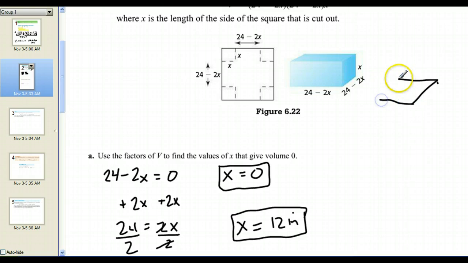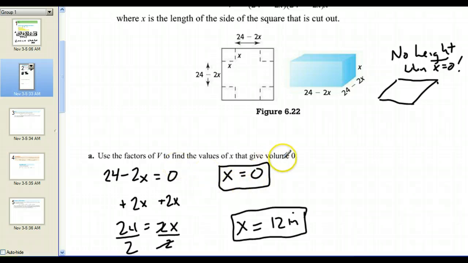And what can I do? I can't fold up anything. I didn't cut off any pieces, so I can't fold up anything. So it has no height when x equals 0. Since there's no height, there's no volume. Okay, so that's why that one's showing up and given a volume of 0.